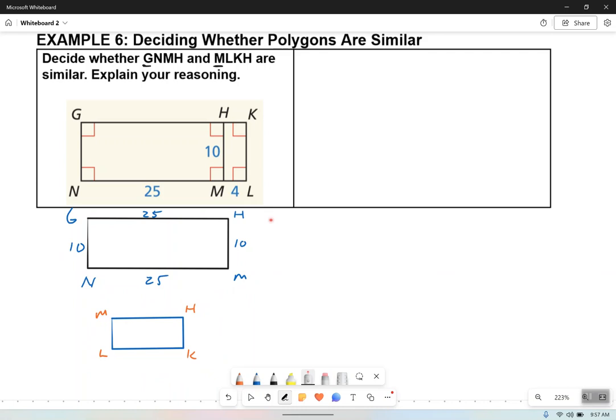What's the distance from M to L, friends? What's the distance from L to K?